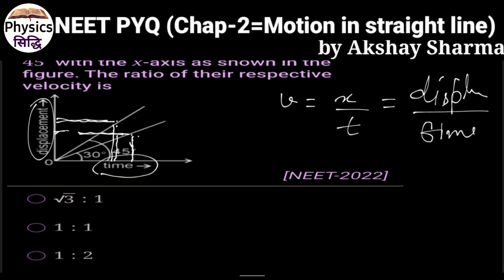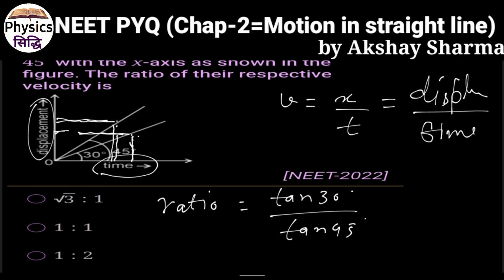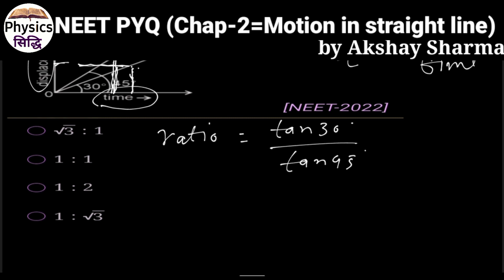So the ratio becomes tan 30 divided by tan 45. Why do we take it like this? Look here. For tan theta, it is perpendicular upon base. So tan 30 is 1 by root 3, and tan 45 is 1. So the ratio becomes 1 to root 3. So the fourth answer is correct.